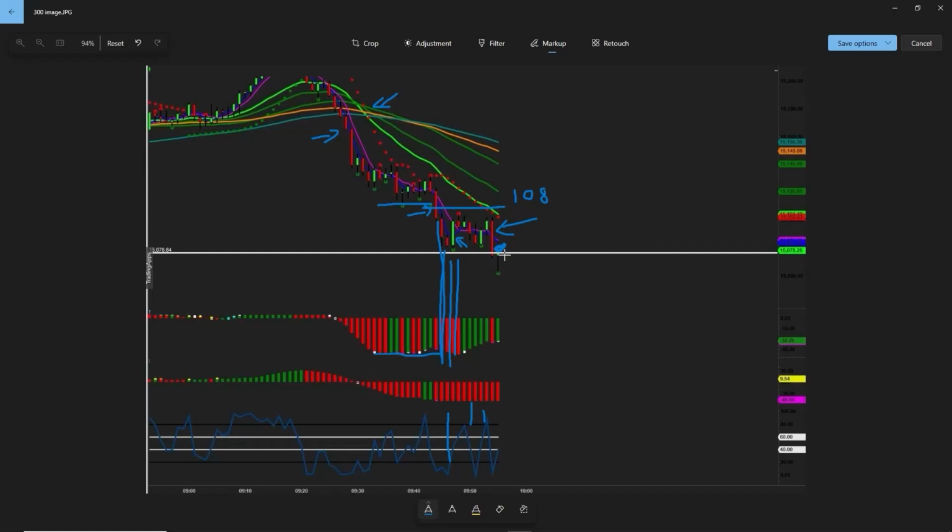And as you can see, my indicators did tell me to hold on, but the reason why I did take myself out at this area is because the small trader oscillator decided to go up.